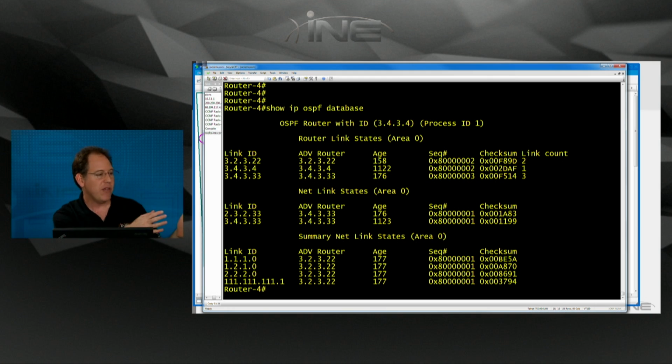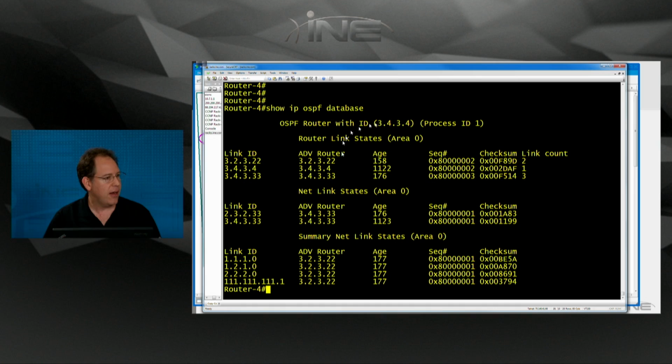You don't even really need to be able to interpret the output of this command. I just wanted to show you that it is available to you, and once you get to the CCNP level and you start learning about the details of LSAs, then you'll go into gory detail about the output of show IP OSPF database and some various keywords that you can add to it. But I just wanted you to walk away from this video knowing that you can go into the database and see various things.